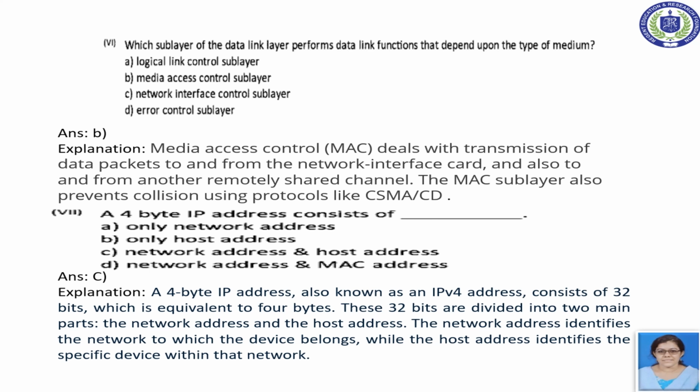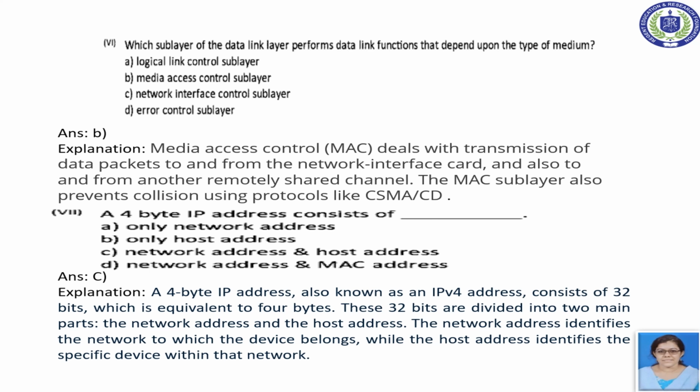It deals with the data packets sent from the sender to the receiver, or from the network interface card to another shared channel, where media access control is required. This sublayer helps to prevent collisions during communication on a shared channel when the communication is done with the help of CSMA/CD.